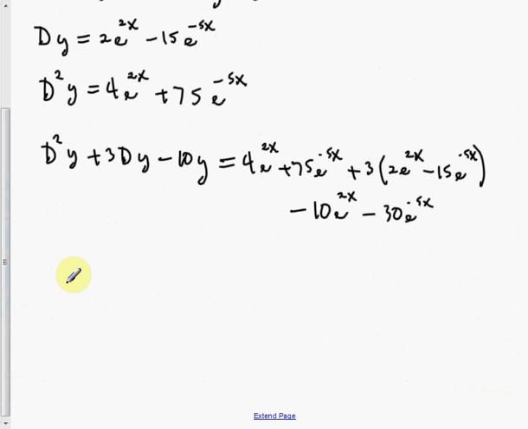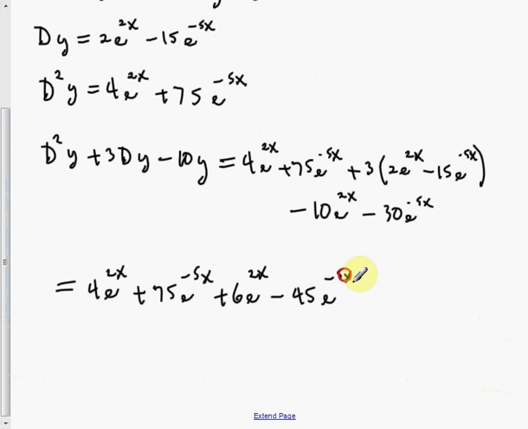Well, let's simplify that. So this is 4e to the 2x plus 75e to the negative 5x plus 6 times e to the 2x minus 45 times e to the negative 5x minus 10 times e to the 2x minus 30 times e to the negative 5x.